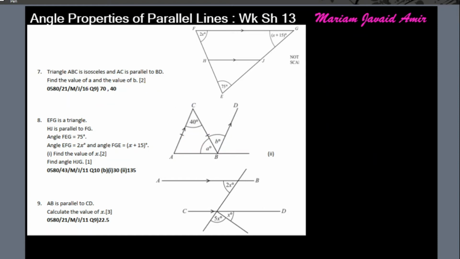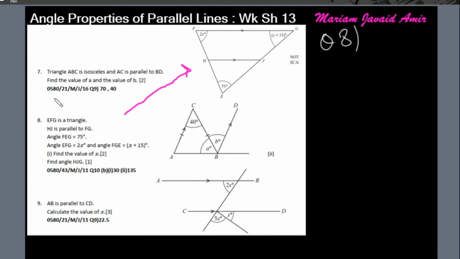Alright, coming to question number 8. EFG is a triangle, so this is the figure for question 8. One angle is 75, one angle is 2x, the other angle is x plus 15. Find the value of x.